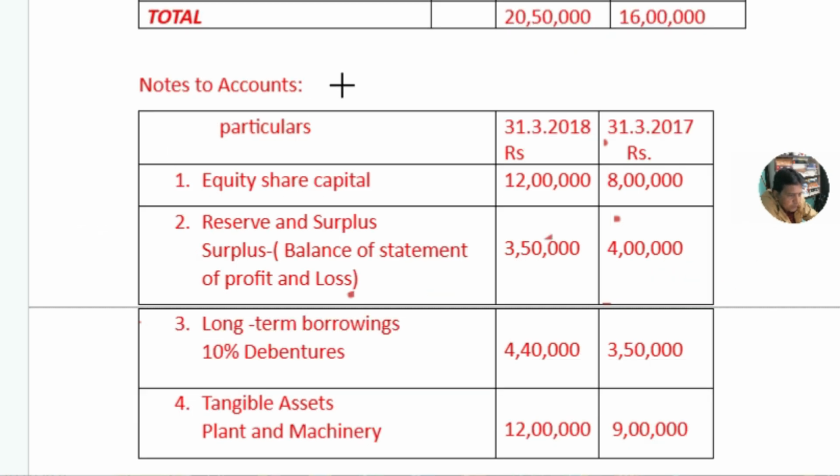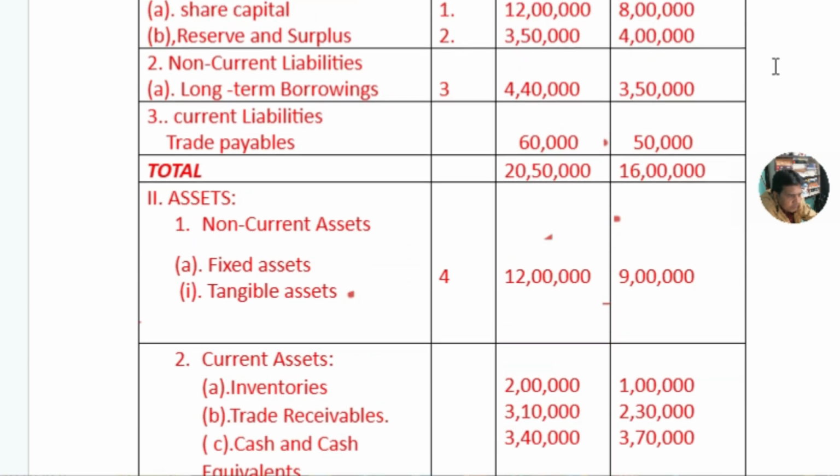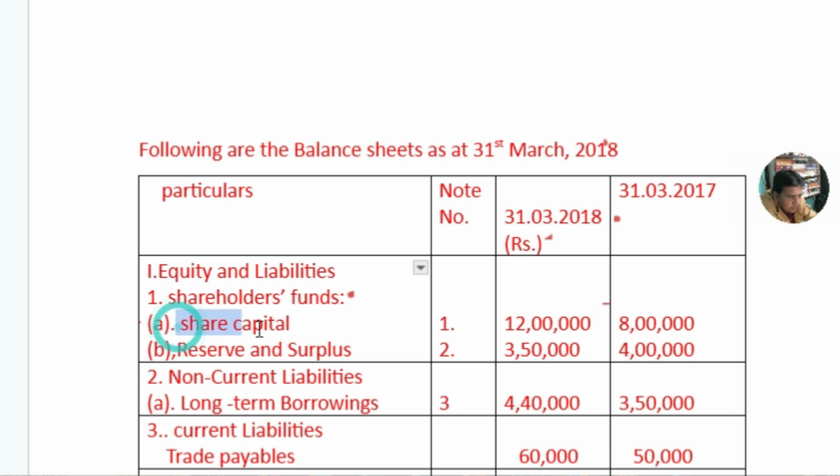Notes to accounts. On the face of the balance sheet, we have seen the share capital. Now what type of share capital is it, whether it is equity share capital or preference share capital?